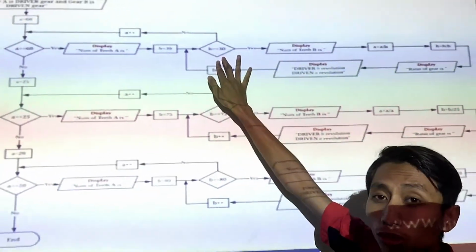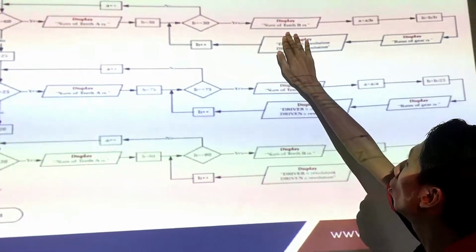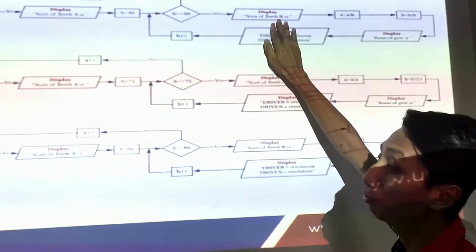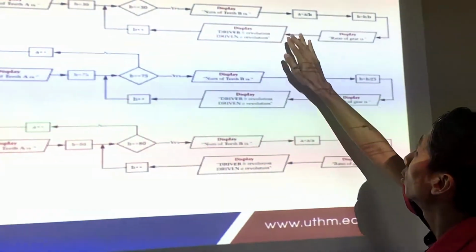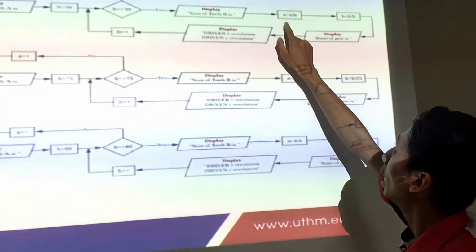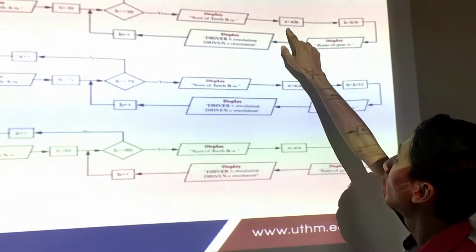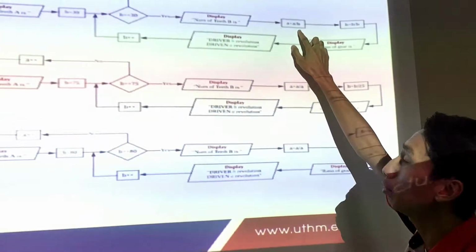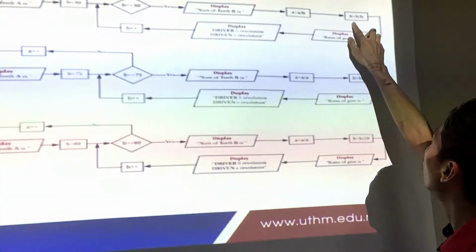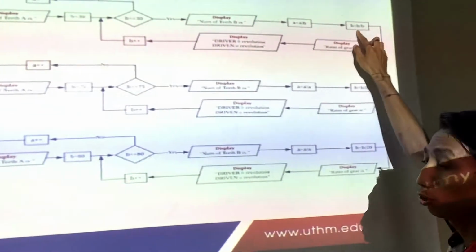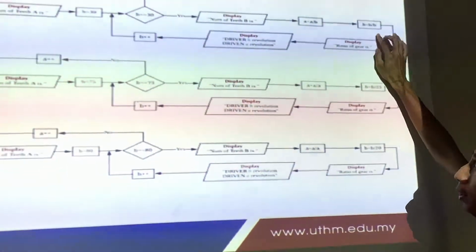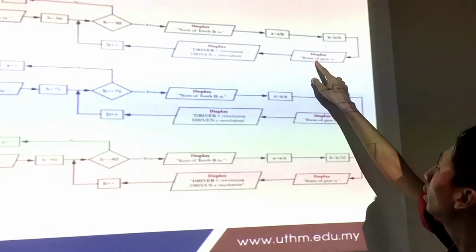When it equals 30, the process continues and displays the number of teeth of gear B. Next I go to the process, which is the operation: teeth A divided by teeth B, and teeth B divided by teeth B. This is for this one.